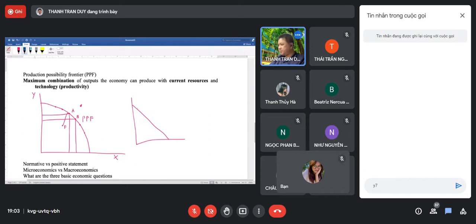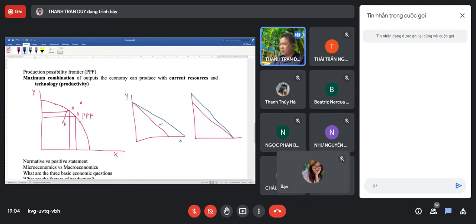If the curve shifts, let's say this one is X, this one is Y, if the curve shifts like this, what is the reason? Anyone tell me the reason why the curve shifts like this?